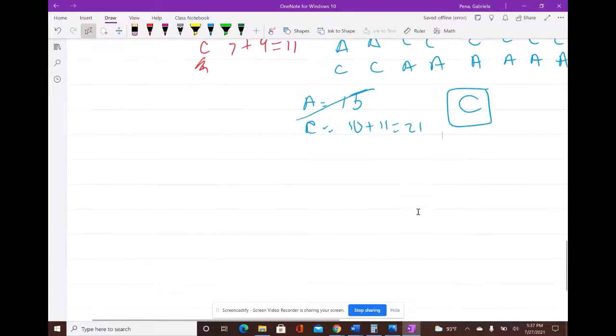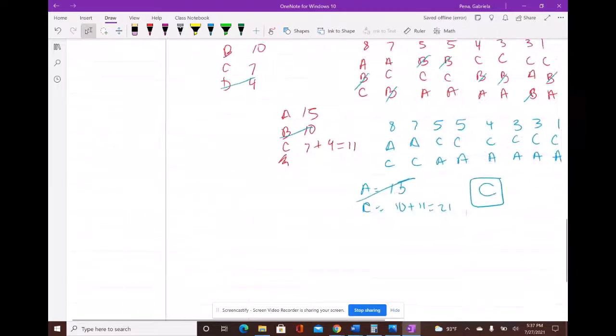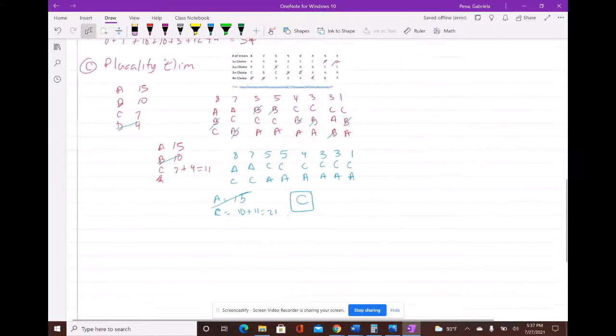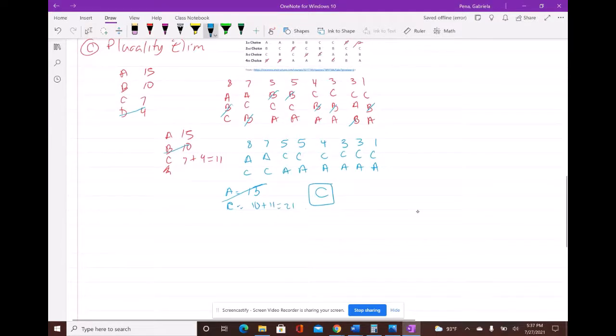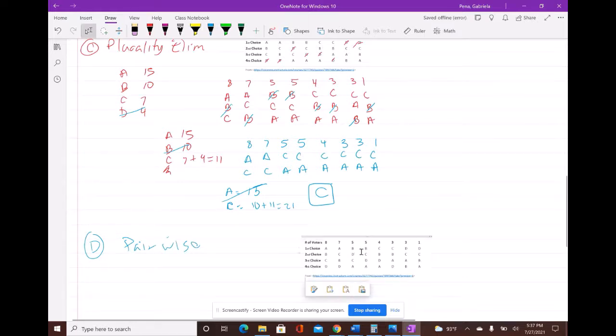Alrighty. And then the last one, you have to compare your A's, B's, C's and D's. So for D, which is the pairwise, let me add it here one more time.